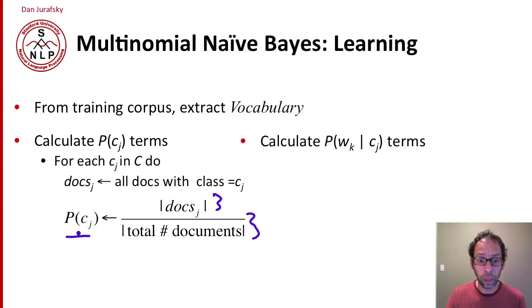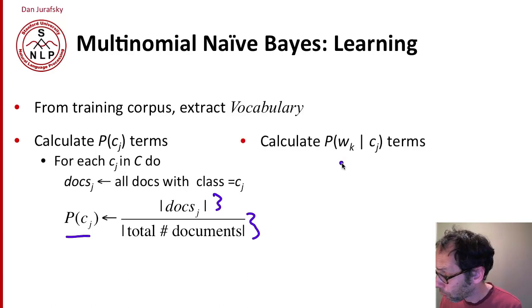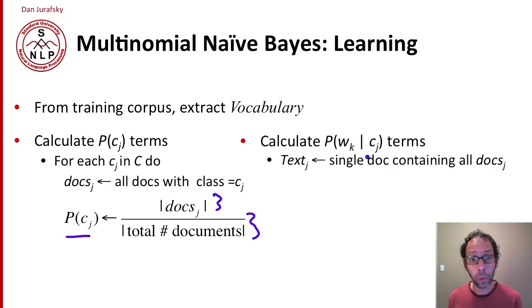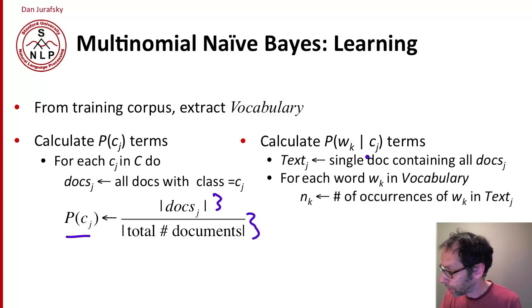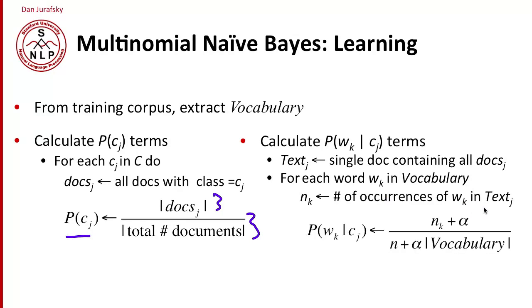Now for the likelihood, we're going to want to compute the likelihood for every word w_k given every topic c_j. So first we're going to create our mega document by concatenating all the documents sub j into a mega document called text sub j. And now for each word w_k in our vocabulary, we're going to count the number of times w_k occurs in this mega document text sub j.